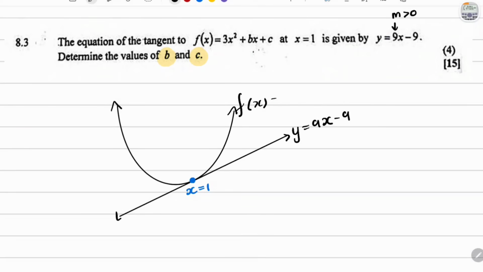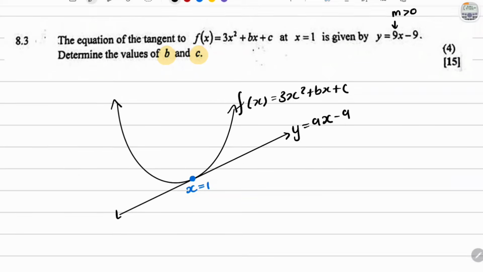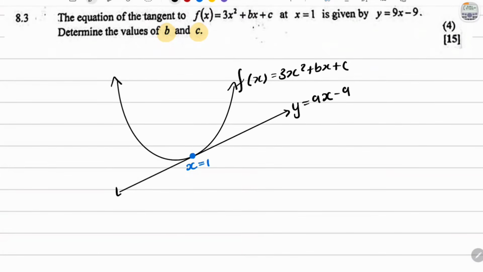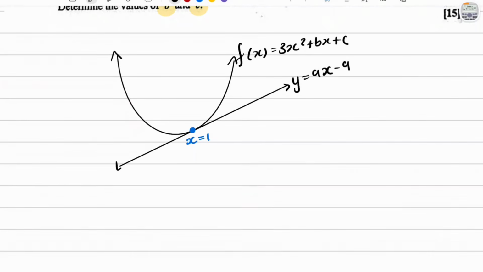So since this is the equation of this function, it would be helpful to find the y value of this. I can see a way that we can use the information that we have been given twice to form two separate equations. But it's not really necessary. Let me show you.